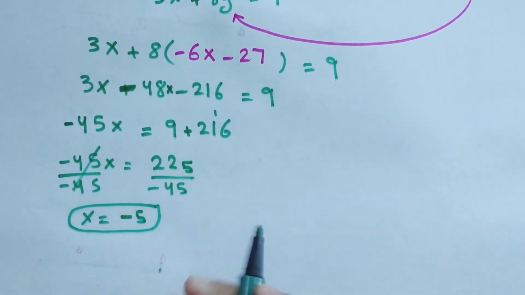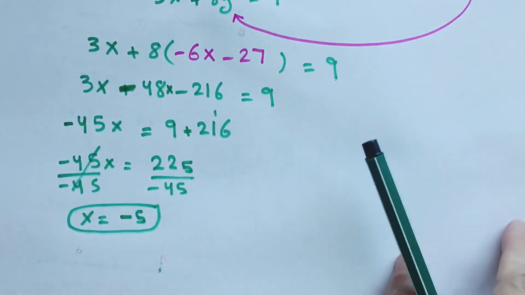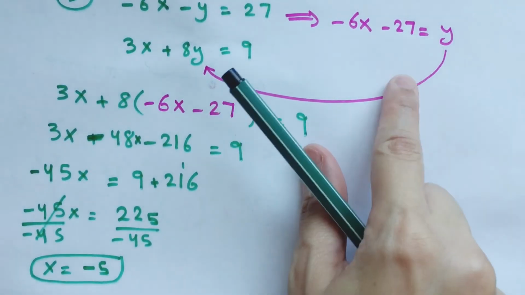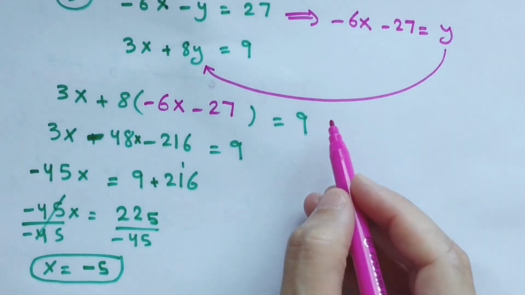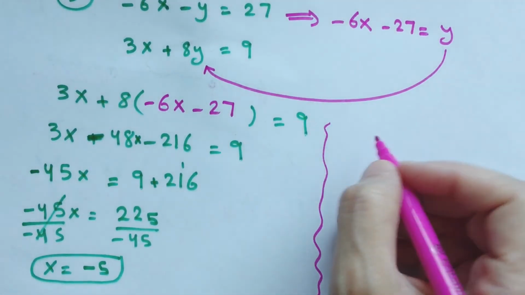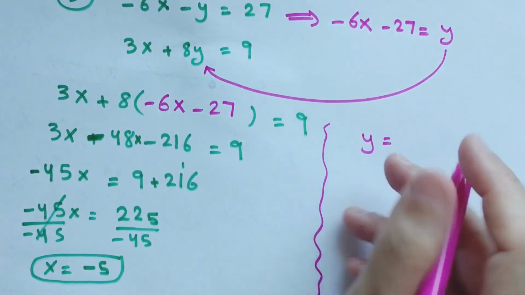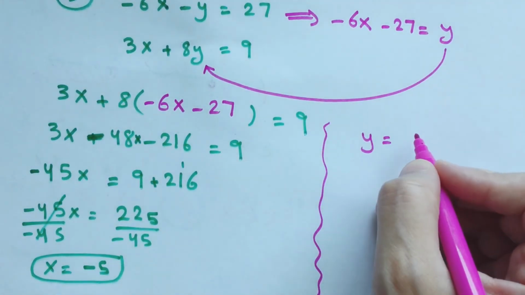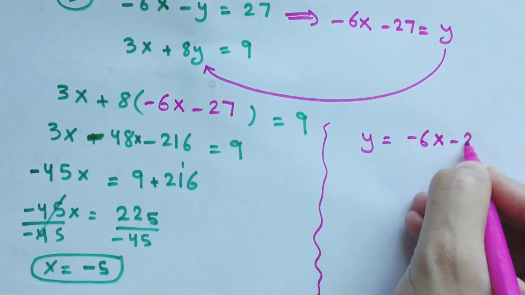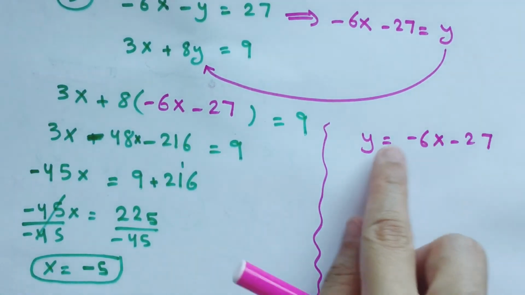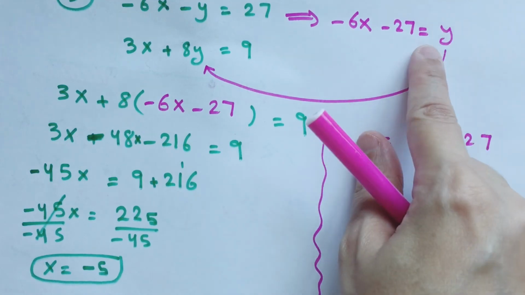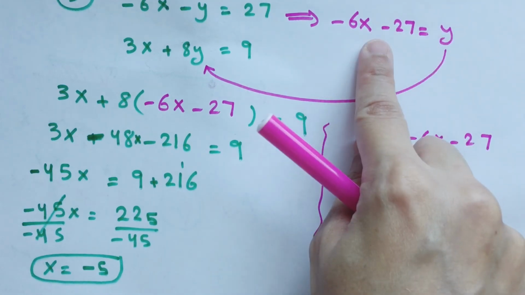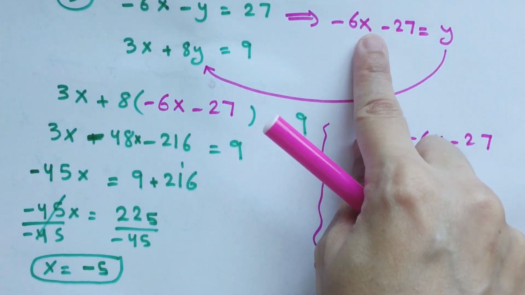So I found x. Now from this equation we can find y. So let's substitute negative 5 instead of x in y equals negative 6x minus 27. See, I didn't change any sign, I just put the y in the left side and on the right side I bring this one.